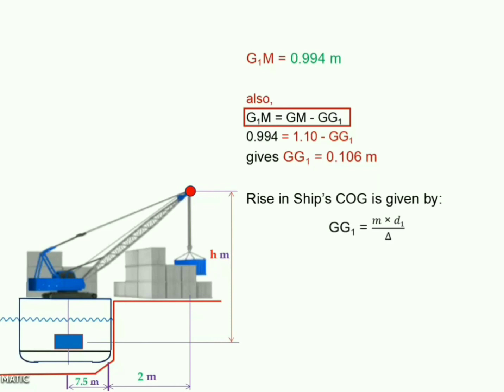Let us take d1 as equal to h meters here and substitute the other entities. Solving finally for h gives us h equal to 16.56 meters. Hence, the derrick head is lying 16.56 meters above the original center of gravity of the mass.